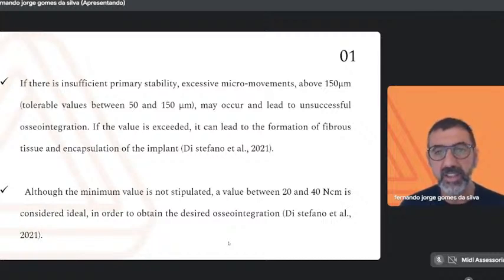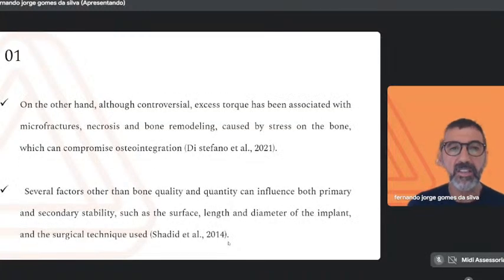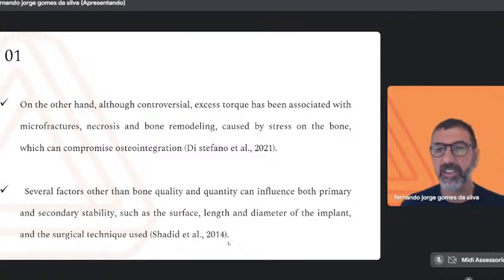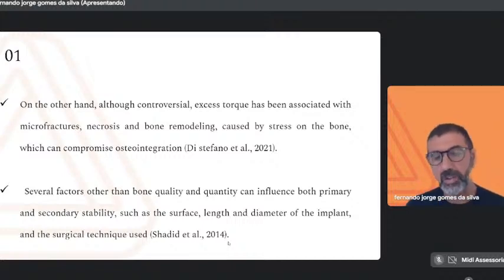If the value is exceeded, it can lead to the formation of fibrous tissue and the encapsulation of the implant. The same Di Stefano in the same study said, on the other hand, excess torque has been associated with microfractures, necrosis, and bone remodeling caused by stress on the bone, which can compromise osseointegration. So we have a value between 20 and 40 newtons to make our implant placement.